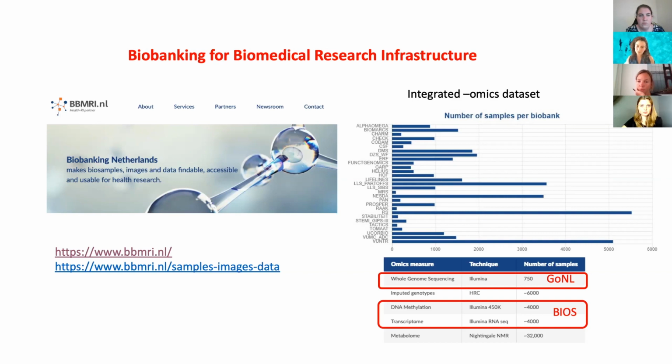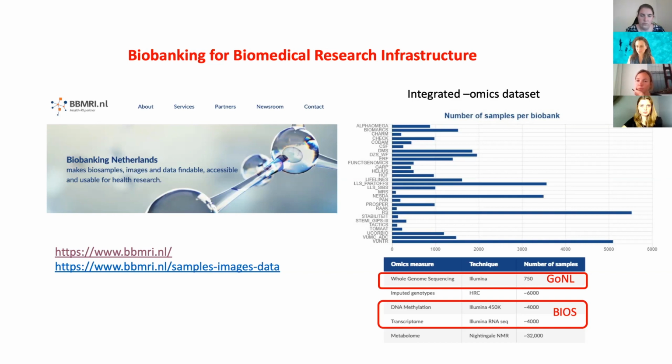On the bottom right, you see the measurements done for this integrated omics data set of BBMRI. This includes whole genome sequencing, which was actually the GoNL project of 750 people. From these 750 people, researchers built an imputation panel specific to the Dutch population.